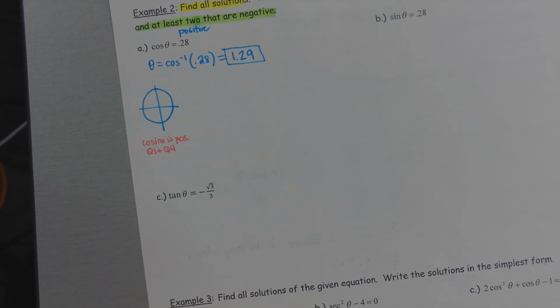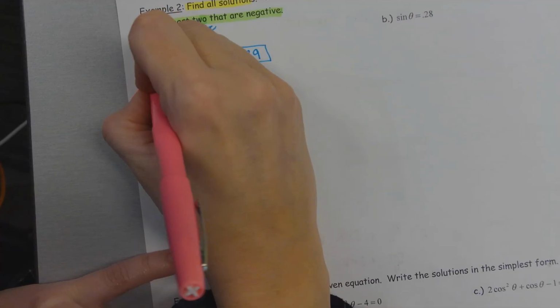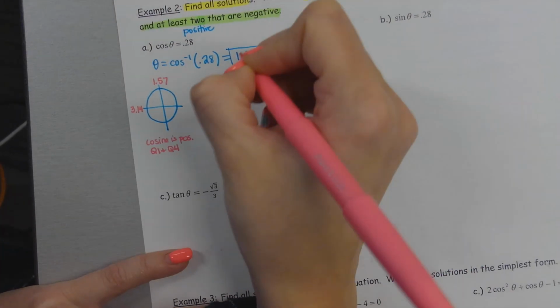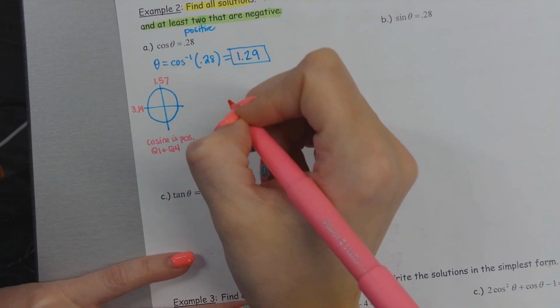So the cosine is positive in quadrant 1 and in quadrant 4. So 1.29, that's the value in what quadrant? In 1. Do you guys know why, well, I'll tell you this.